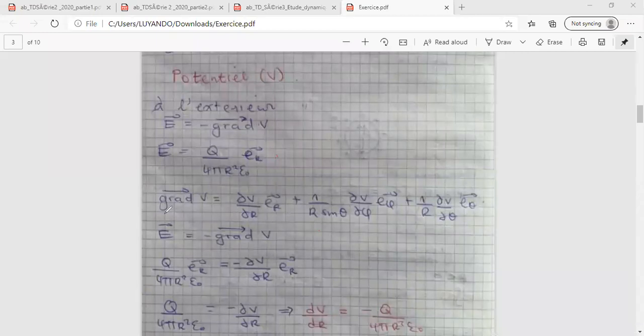So what this implies is that we have our relation E is equal to negative grad of V, which I've rewritten here. Let me try to explain this.